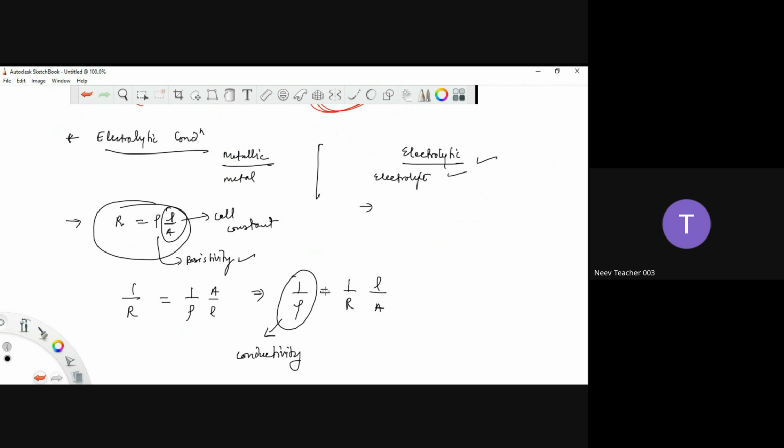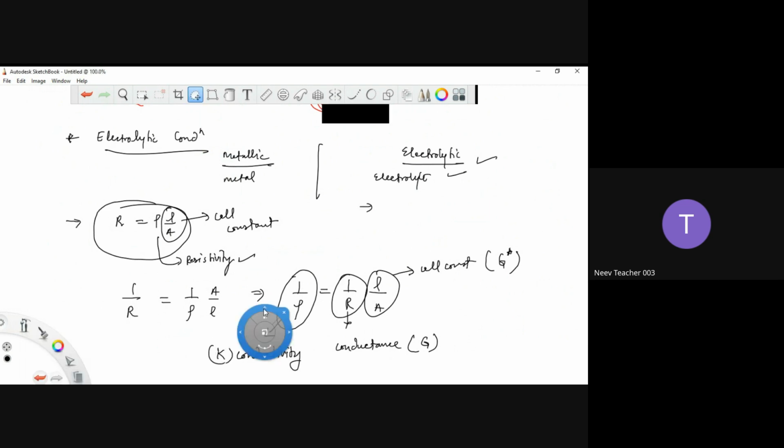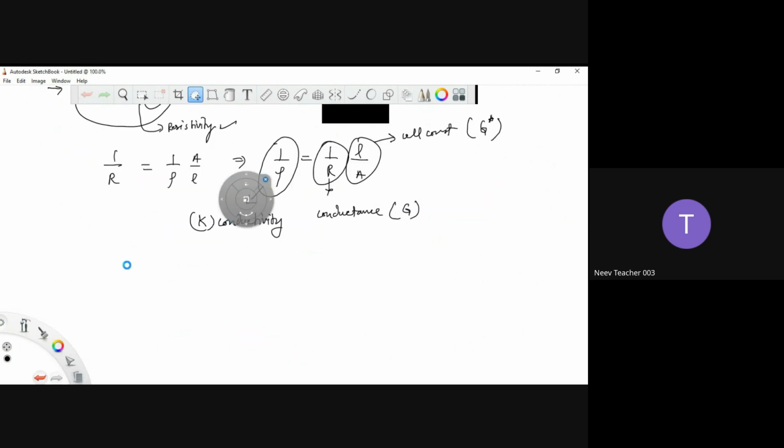And 1 by R was resistance, now it becomes conductance. And that is again the cell constant. The cell constant we denote by G star, conductance by G, and conductivity or specific conductivity by kappa. So basically you have one formula: kappa is G into G star.